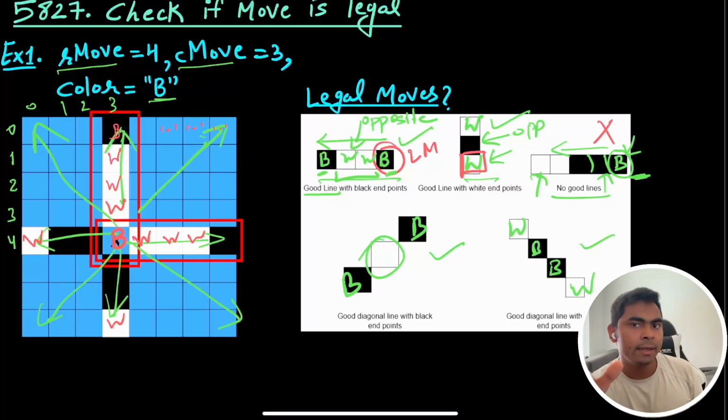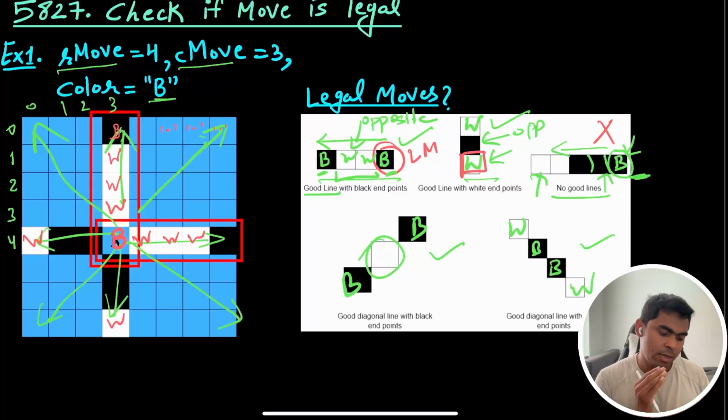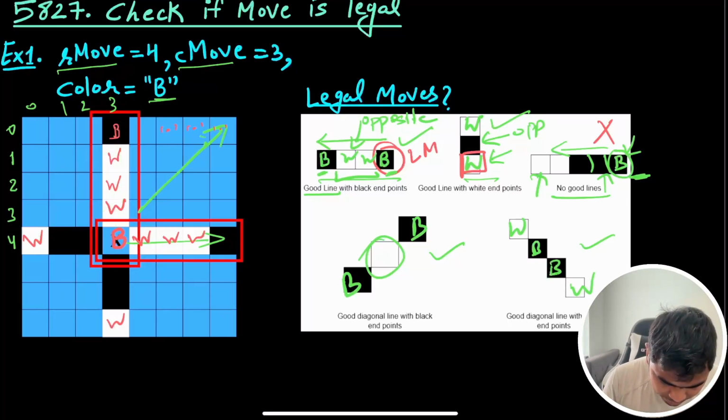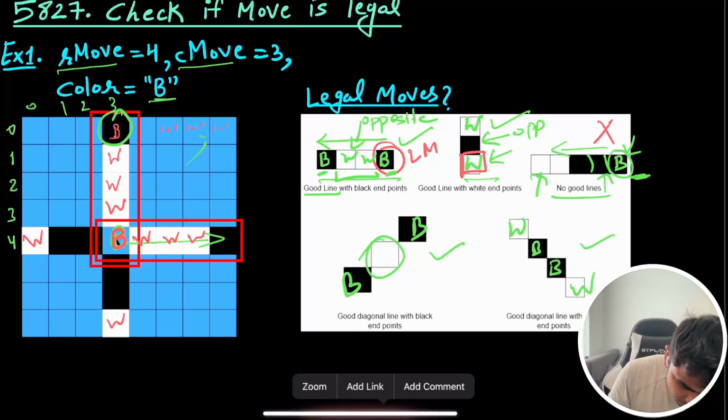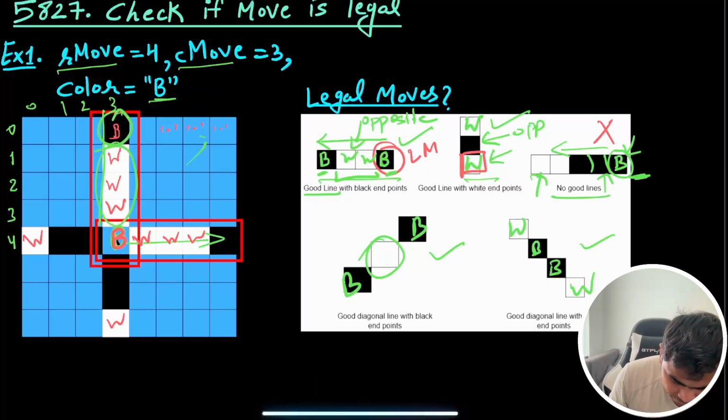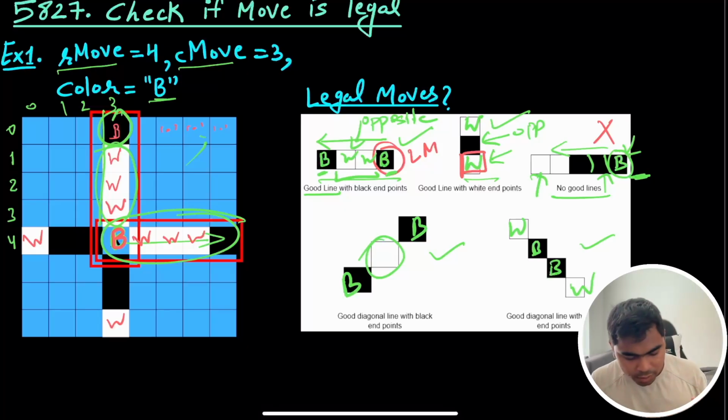Go all the way up to the end, and while you are going, make sure that you reach the end, either borders or diagonals, and then you check the color present is the same color, and then in between you did not see the same color, and you did not see any empty cell. All right, any empty cell. And you can see right here, if we check while placing this black right here, this one is a legal move because everything in between is white, and this is also a legal move.